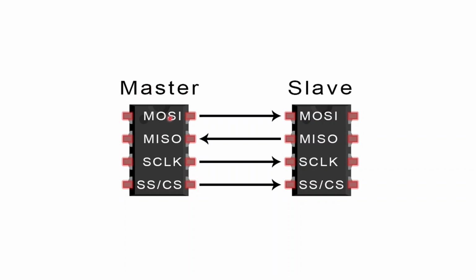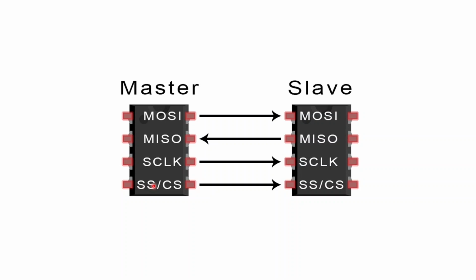So that's why it's an output of the master. We also have the pin MISO, master in, slave out. That's the data transferred from slave to master. We will not discuss that in this video. Then you have a clock signal, and you have a chip select signal or a slave select signal.